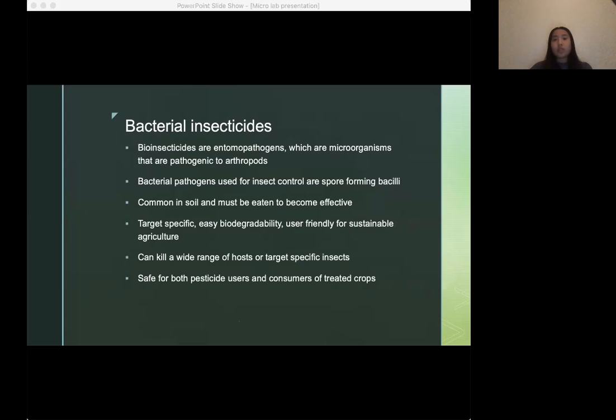They are target specific, easily biodegradable, and user-friendly. These insecticides can either kill a wide range of hosts or target a specific insect. Another positive factor is that they are safe for both pesticide users and consumers of the treated crops.